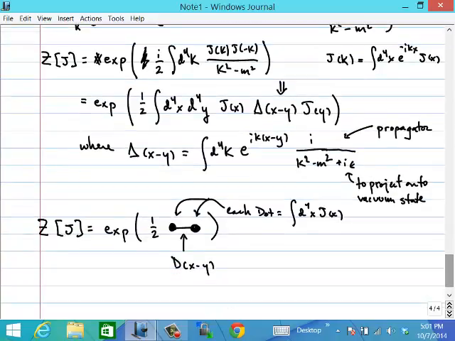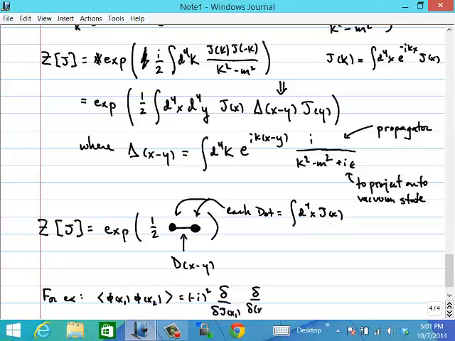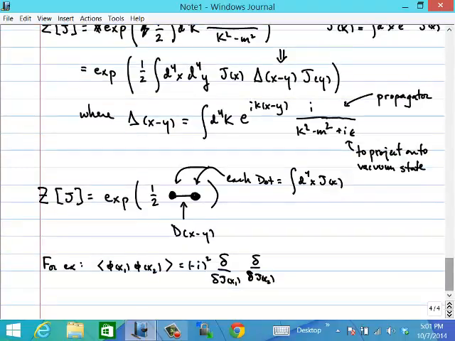Okay. So, for example, if you wanted to compute the two-point function, phi x1, phi x2, time-ordered in the vacuum state, this is just minus i squared times the derivative with respect to J of x1 and J of x2 of the partition function.